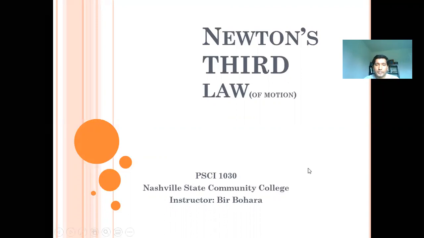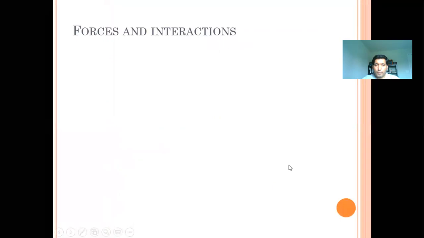So Newton's third law of motion. According to Newton's third law of motion, forces come in pairs, right? If they are not acting on each other, there is no existence at all. When you kick the ball, you apply a force on the ball, and the ball also applies a force toward you.